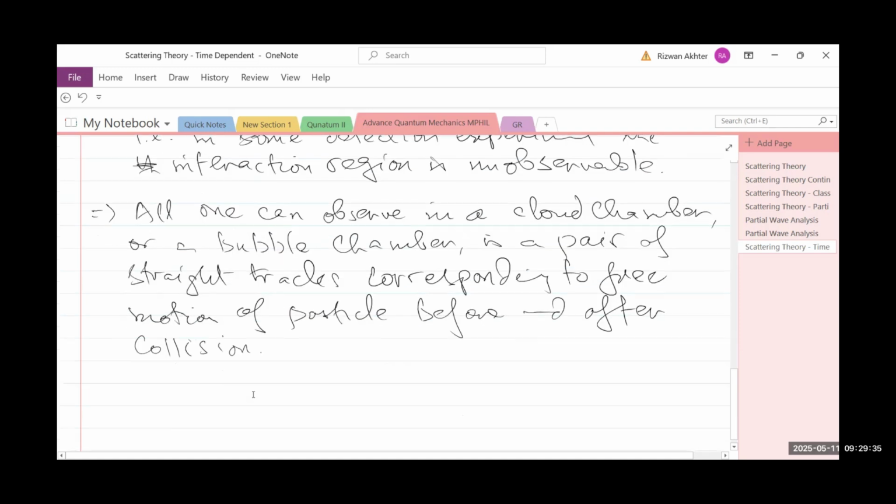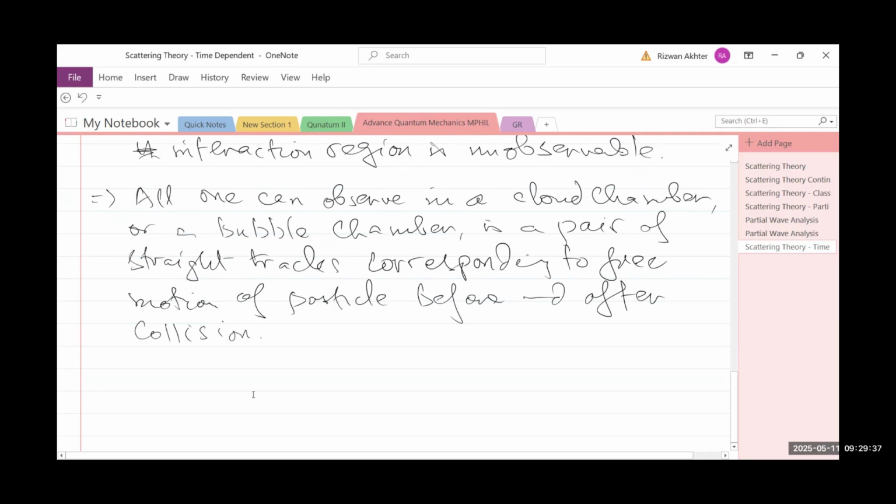So this is what is observed, and therefore, in seeking a description of the scattering process, one should suppress the precise detail of the orbit in the neighborhood of the target atom, and just describe in detail the regions which are basically 1 and 3, that is, before collision and after collision.